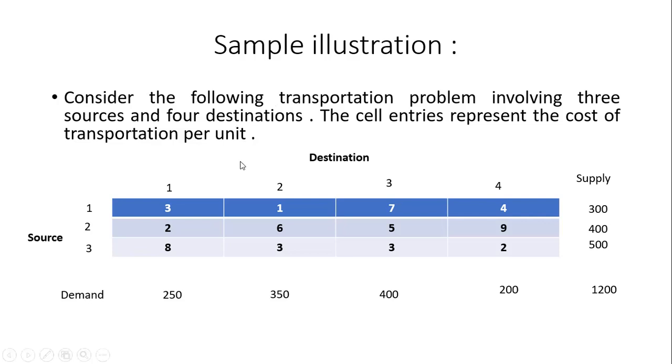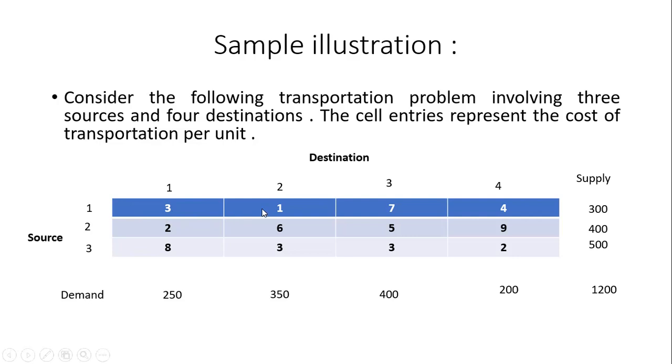The corresponding cell entries in the table represent the unit cost of transferring the item between the source and destination. And these are the demand and supply points that are given in the table. Say for example, cell 1 represents 3 units of item shipped from source 1 to destination 1.